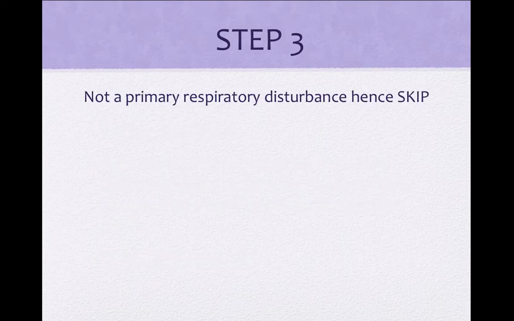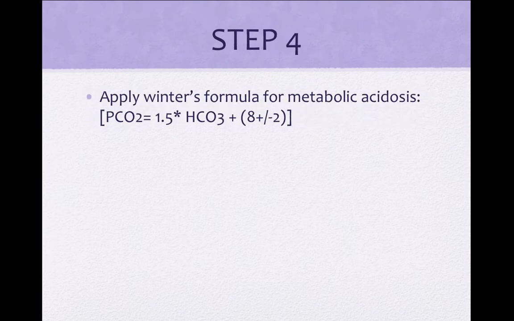Step 3 was only if the primary disorder was respiratory in origin, which it is not, hence we're going to skip it. Step 4, we were supposed to calculate the compensation. So for metabolic acidosis, as I discussed in my last video, there is Winter's formula, which is PCO2 equals 1.5 times the patient's bicarbonate level plus 8.